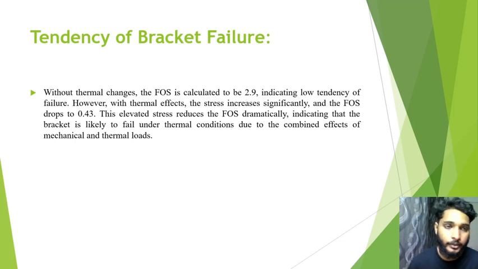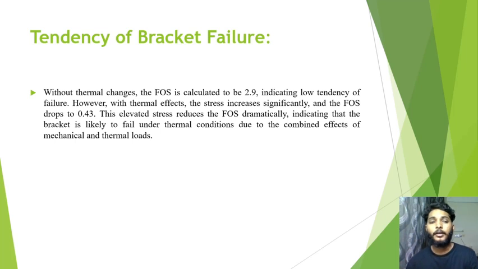The tendency of bracket failure without thermal effect, the FOS, is calculated to be 2.9, indicating a low tendency of failure. However, with thermal effect, the stress increases significantly and the FOS drops to 0.43. This elevated stress reduces the FOS dramatically, indicating that the bracket is likely to fail under thermal conditions due to the combined effect of mechanical and thermal loads.